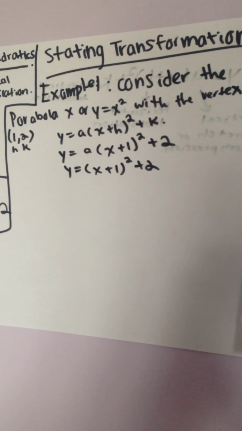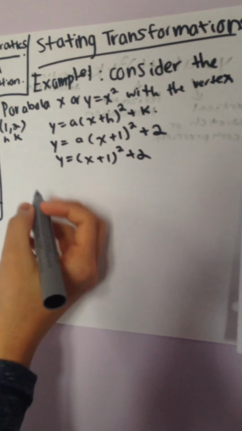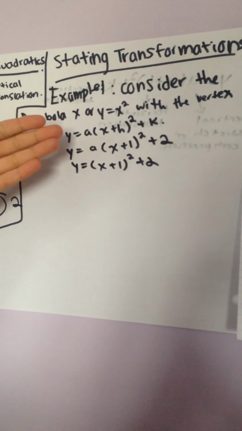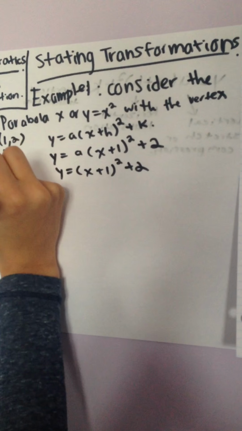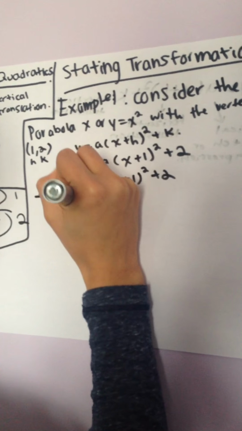So the transformations would be, because there is no a value, but we always say that there is 1, so because it is positive, we know that the graph is going to be opening upwards.